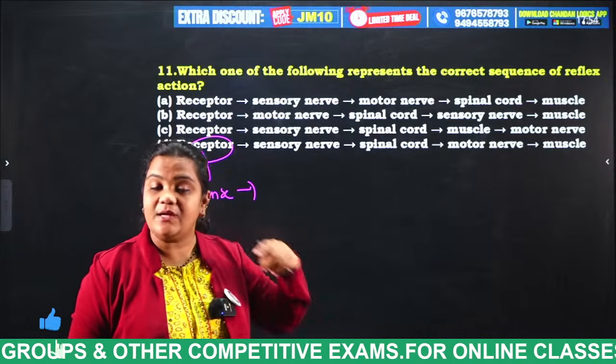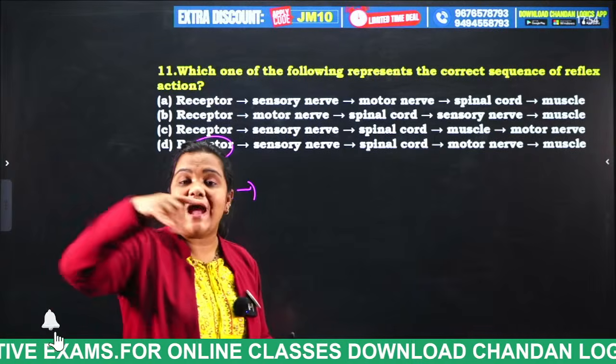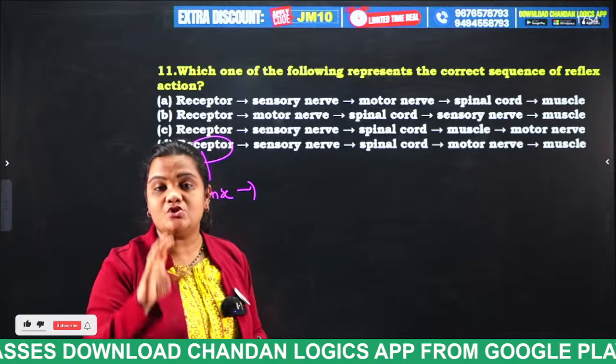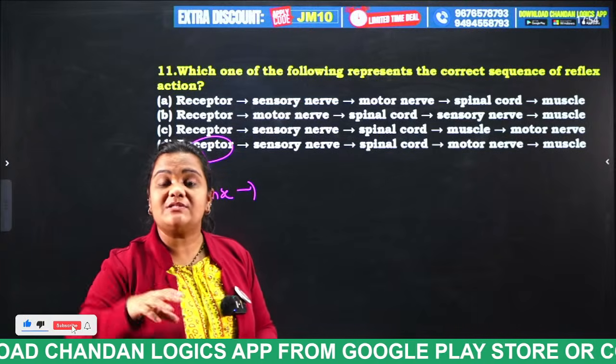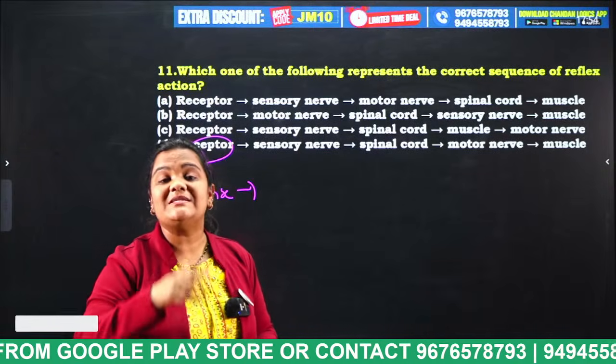Listen again and again, you will easily understand what I am saying. Why do I pull my hand backwards when there is fire in front of me? Because that action is known as reflex action. Some signals are passing from the receptor to the muscle, and much happens in between.